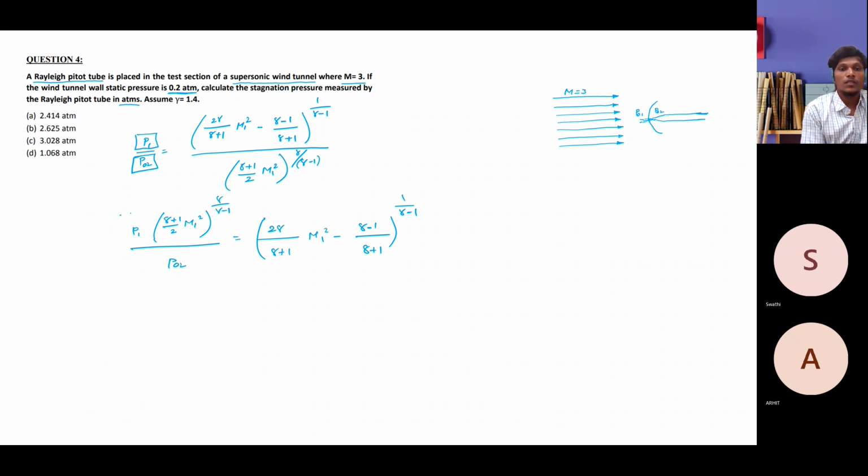So this is the P01. If you see carefully from this equation, this is the P01.